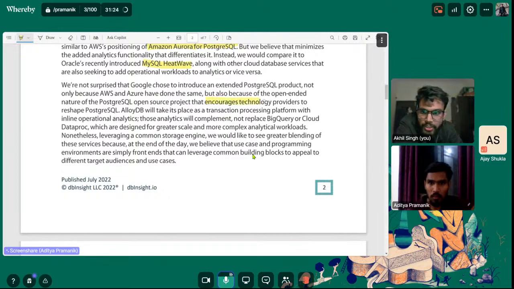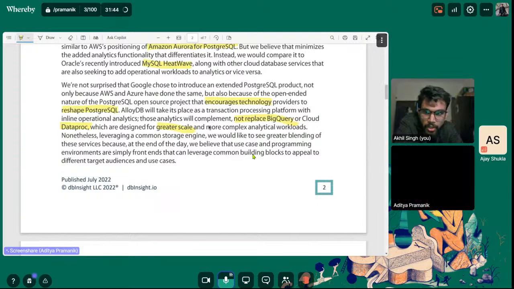Since PostgreSQL is open source, it encourages people to extend it and mold it according to need. So they are adding more functionality to this, and AlloyDB will take its place as a transaction processing platform with inline operational analytics. The optionality will complement, not replace, BigQuery or Cloud Dataproc.